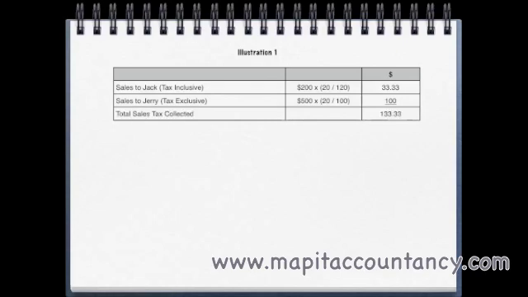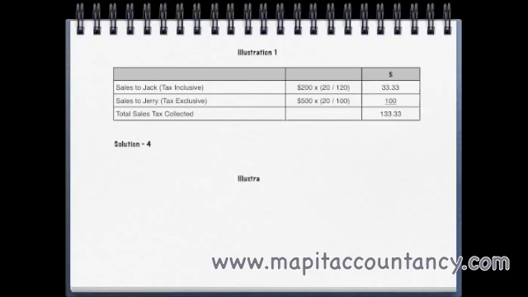Added up, and the total expected here is sales tax collected of 133.33. So just be careful as to whether the sales include tax or are exclusive of tax. So looking at the answers, the answer is solution 4 for illustration 1.